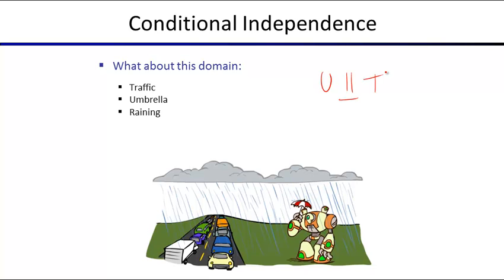Umbrella and traffic are conditionally independent given you know whether it is raining or not. Why would that be the case? Well, intuitively, you could think about this as rain could be causing people to carry umbrellas, could be causing more traffic or less traffic if it's not raining. And so when you know the cause of both of these effects, knowing anything about the other effect doesn't tell you more about the first cause. So we have this conditional independence here where rain makes these two variables conditionally independent.